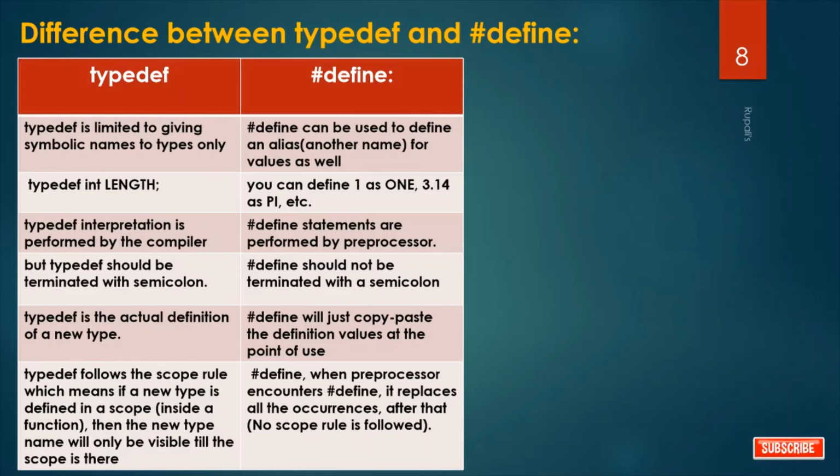Typedef follows the scope rule, which means if a new type is defined in a scope inside a function, then the new type name will only be visible till the scope is there. And in case of hash define, when the preprocessor encounters hash define, it replaces all the occurrences. After that, no scope rule is followed.